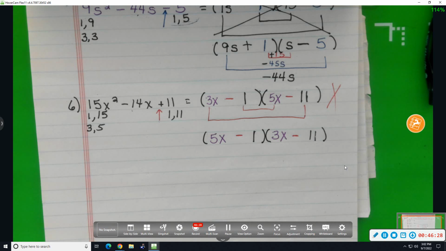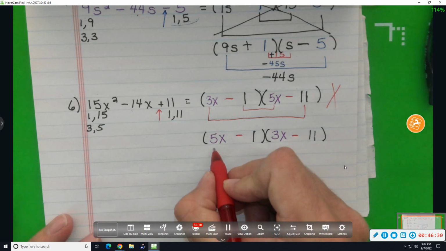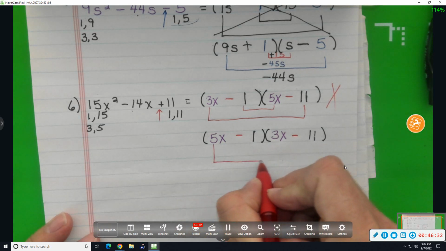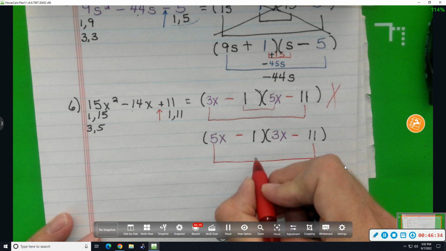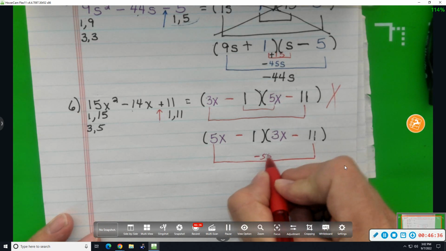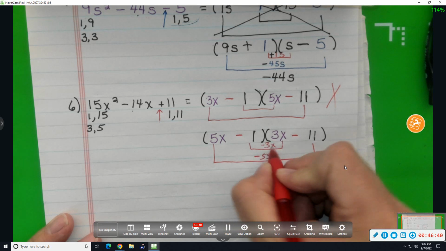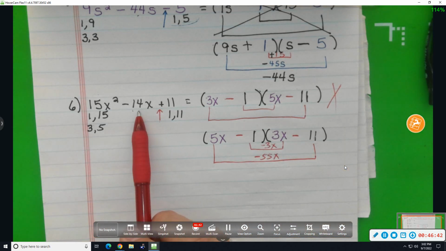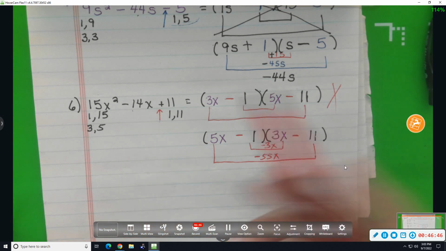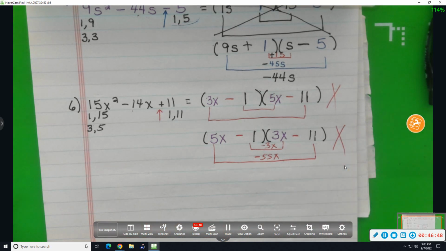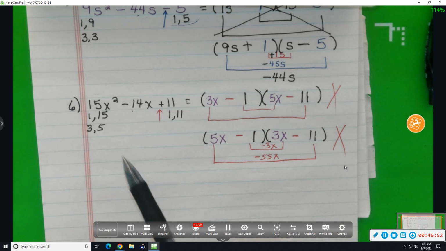I'm thinking it isn't, is it? What's the outer? If you're foiling it out, the outer would be, yeah, and then the inner, yeah. Are those going to add together to give a negative 14? No. Okay, so I'm thinking the 3 and 5 definitely don't work.